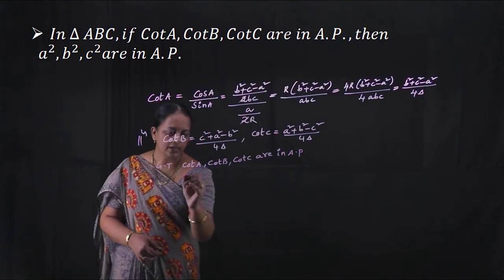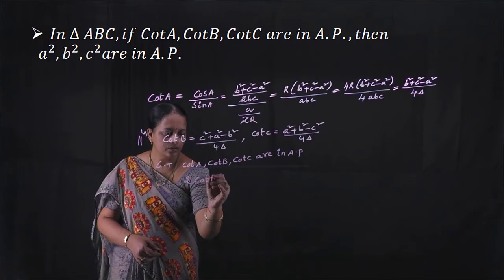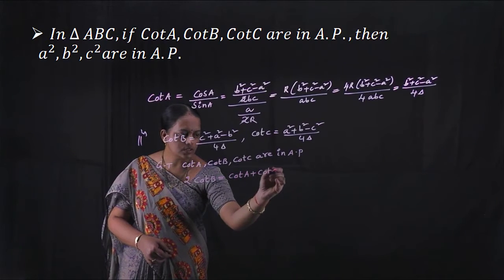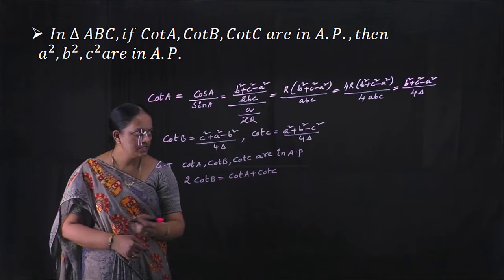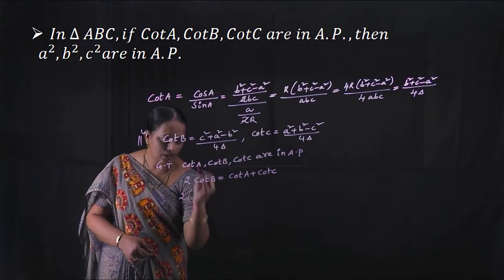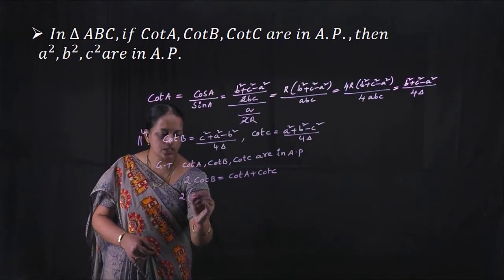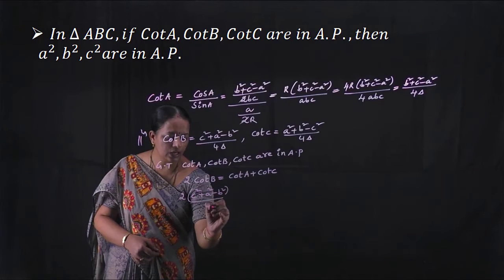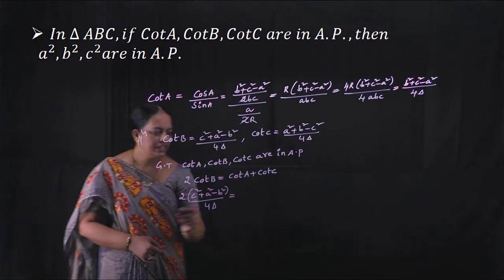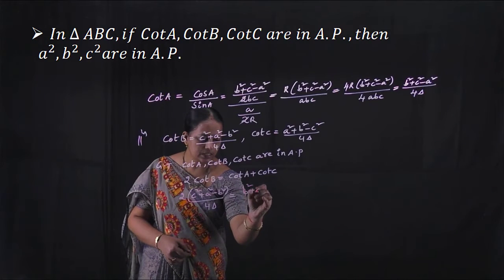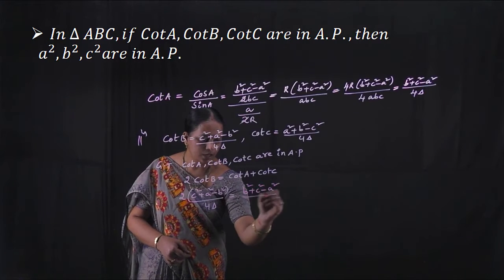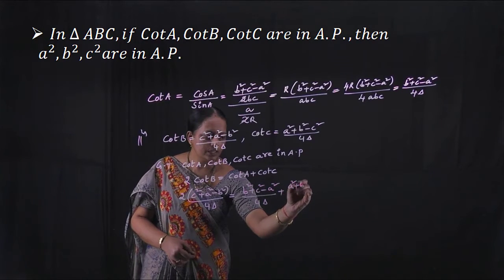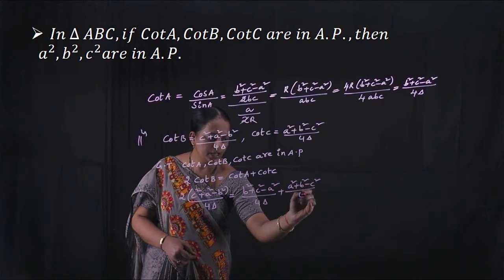From this we can write 2 cot B is equal to cot A plus cot C. By applying the formula for these three values, we get 2 times cot B, which means C square plus A square minus B square by 4 delta, is equal to cot A, which means B square plus C square minus A square by 4 delta, plus cot C, which means A square plus B square minus C square by 4 delta.